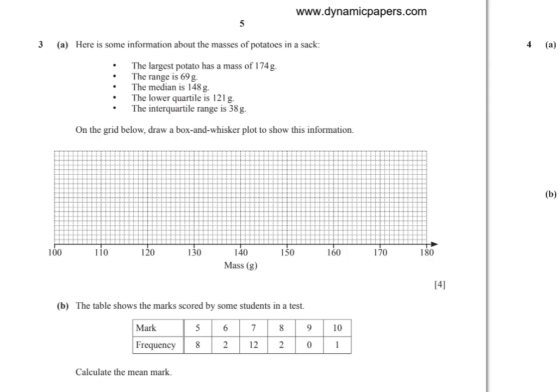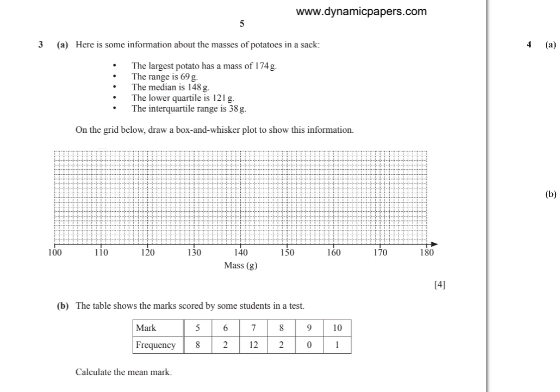Number 3A. Here is some information about the masses of potatoes in a sack. The largest potato has a mass of 174, the range is 69, the median 148, the lower quartile 121, the interquartile range 38.